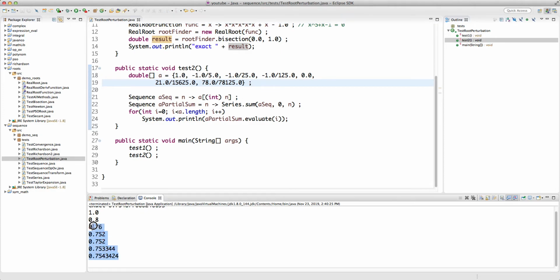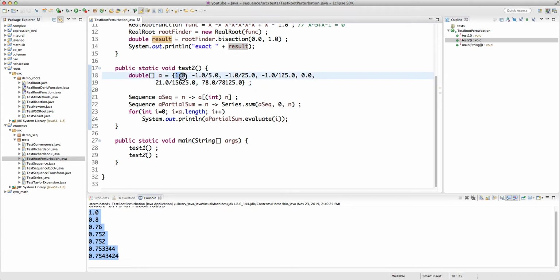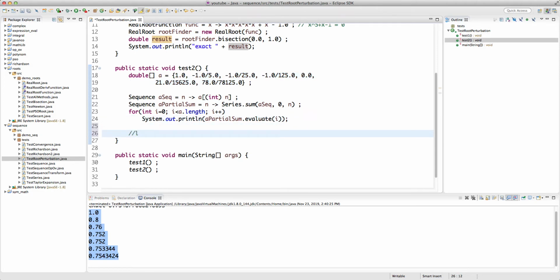The question is, how much information do just these 6, 7 terms have? Can we extract a very accurate result using just these terms? And the answer is yes. Let's try sequence transformations. Why not?